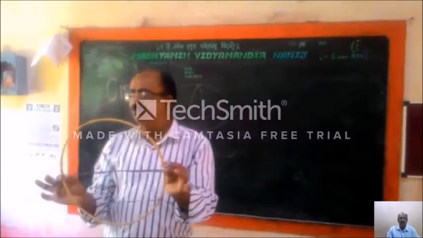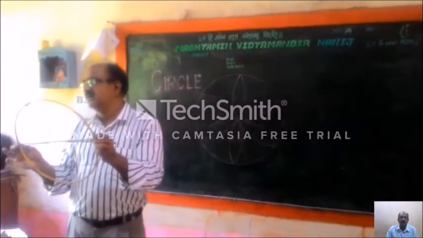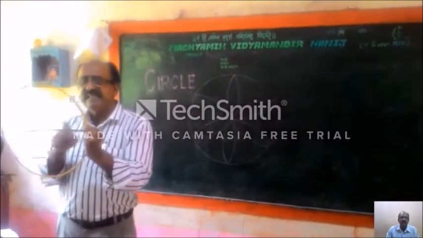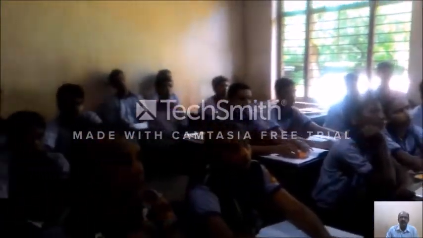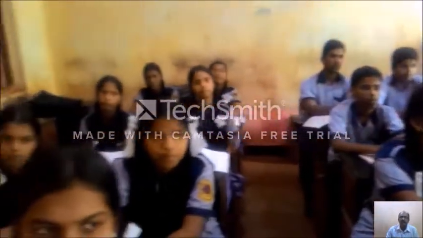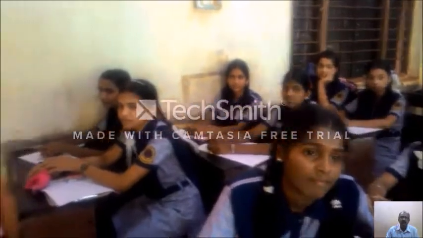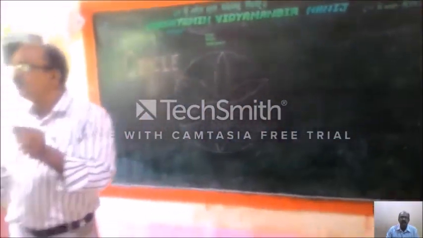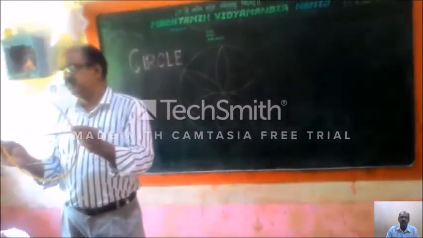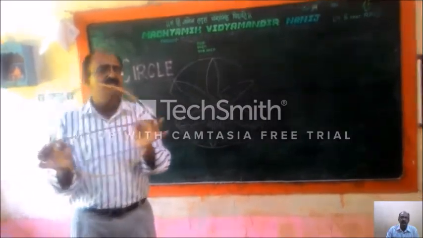So, if the radius of a circle is 7 cm, then the diameter of the circle will be how much? 14 cm. The diameter will be 2 times the 7, that is 14.